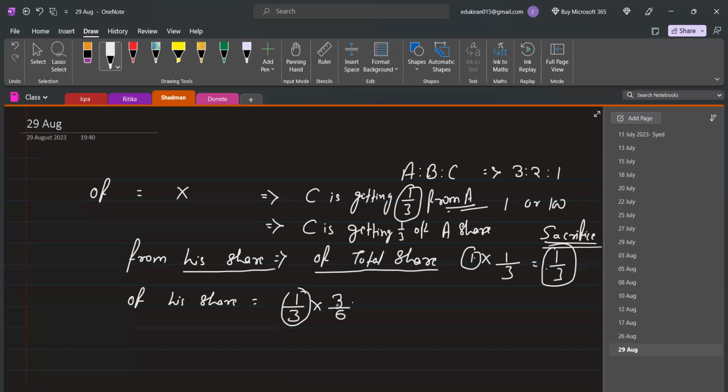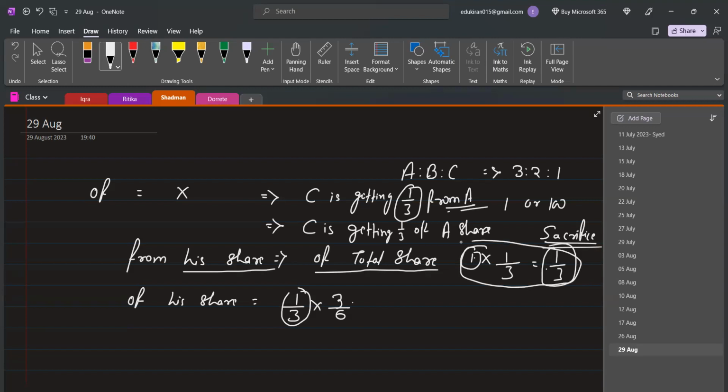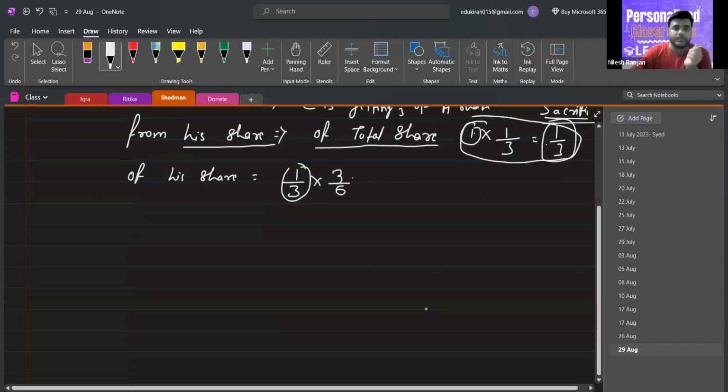From his share, you don't have to do this calculation. I just wrote this to explain the situation.